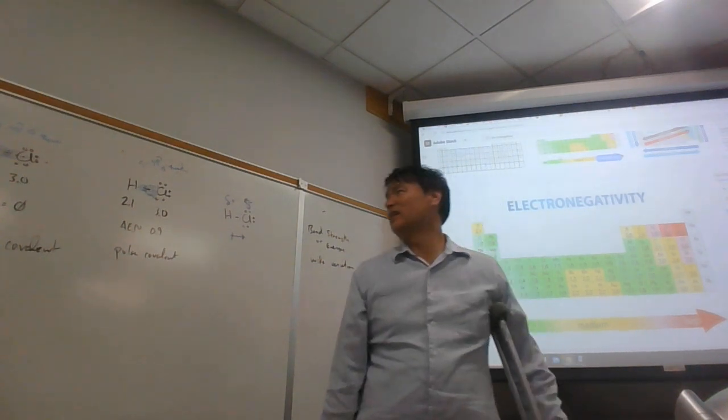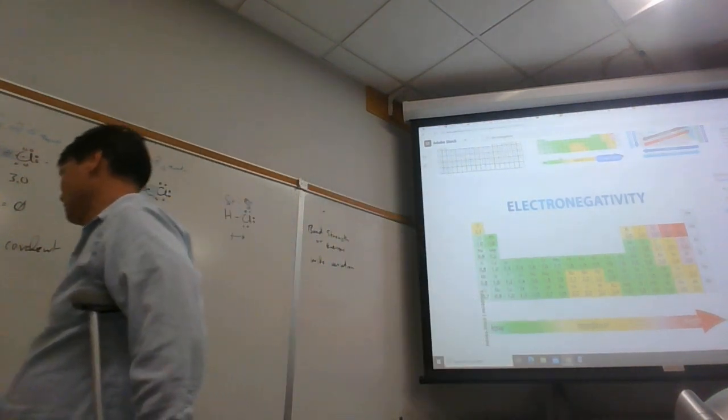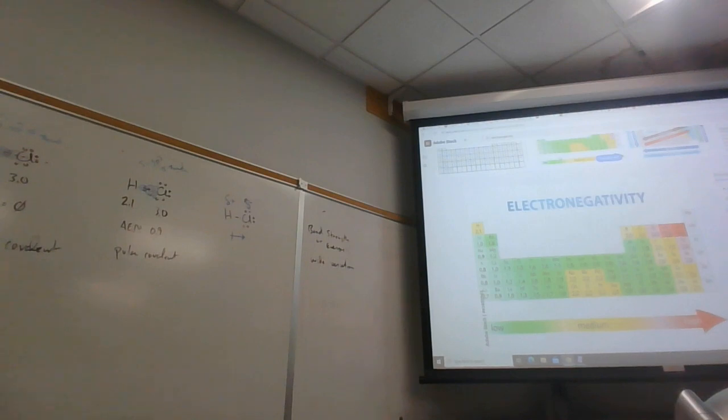What we're going to do is we're not going to use cesium, we're going to use sodium. Sodium chloride should still be ionic. We know that sodium has 1 valence electron, chlorine has 7 valence electrons. Chlorine wants that. But we have to take a look at the electronegativities. Sodium has an electronegativity of 0.9, chlorine has an electronegativity of 3.0.